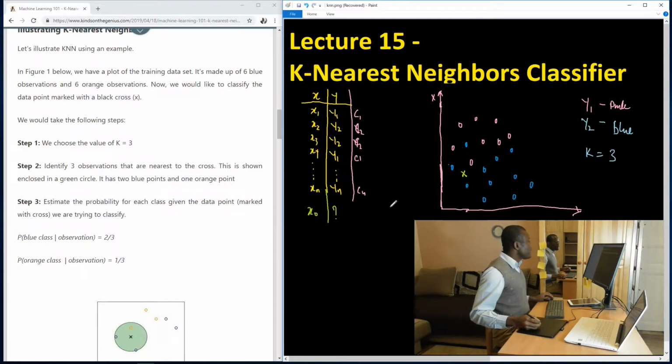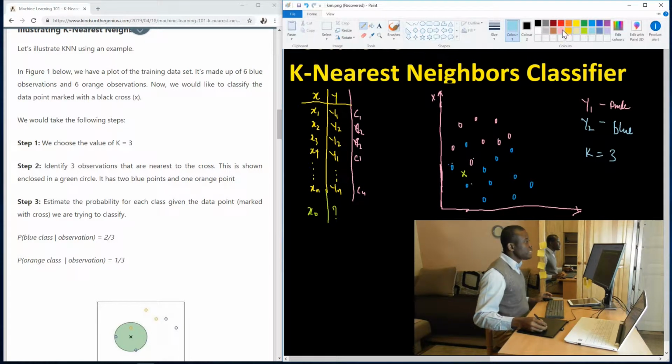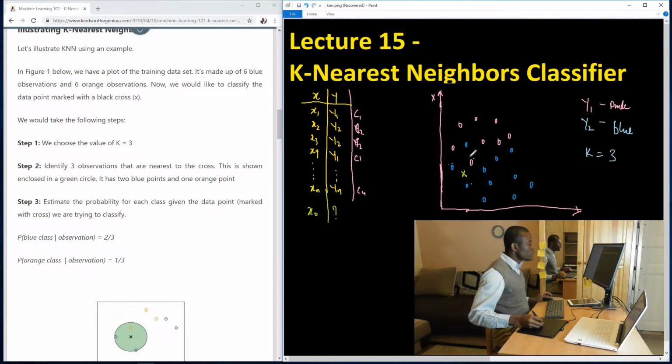Then you need to identify 3 observations that are closest to the cross. So you have to identify 3 observations that are closest to this. In that way, I think it should be this one, this one, and this one. Okay, so now I've identified 3 observations and I'm going to enclose them. Let me enclose these 3 observations that are closest.